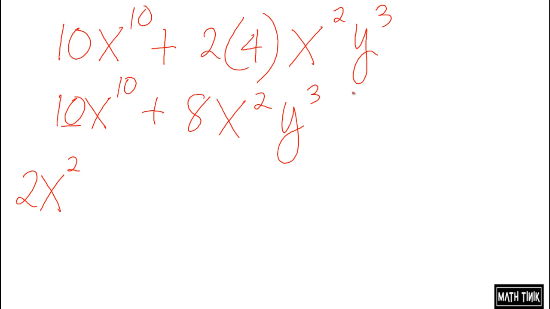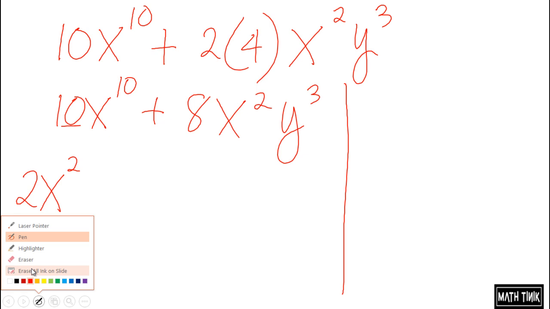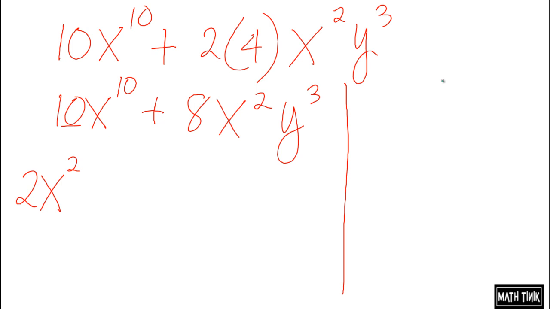So, bale, let's have another color. Our first term is ito, si 10x raised to 10. You divide it with yung na-factor mo, si 2x squared. So, it will give you 10 divided by 2, that's 5.